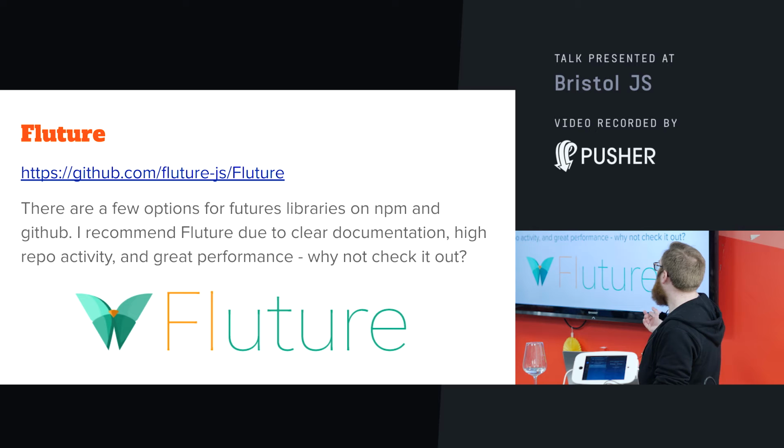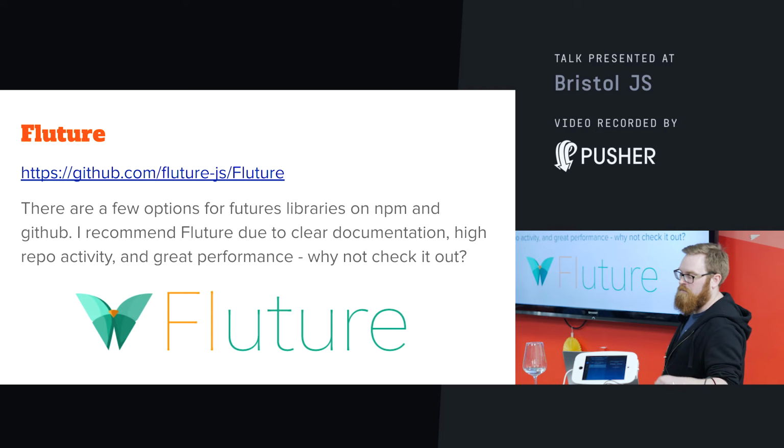I recommend Fluture because of the great documentation. It's got some links to some great wikis and really good articles, a couple of good videos. It's also measured as having the highest performance of all the Future libraries and actually exceeds the performance of some Promise libraries. So that's really good. I recommend you check it out.